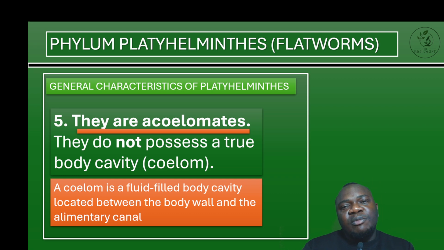If you look at the earthworm, it is hydrostatic because their skeleton is hydrostatic. Why is it hydrostatic? If you hold your earthworm in your hand and press it against your hand, there's a fluid that comes out of it. So this fluid-filled body cavity is called the coelom. Because flatworms don't have this fluid-filled body cavity, that's why they're called what? Acoelomates. Just to get us straight.